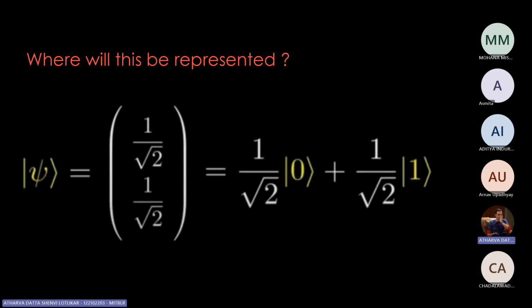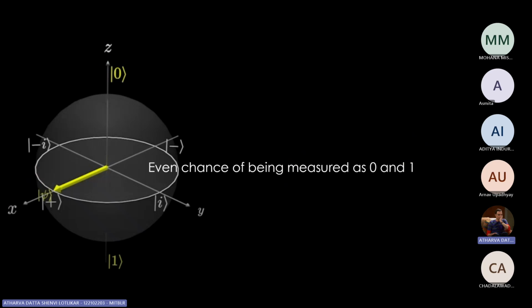Because here your alpha and beta values are 1 over root 2, once you square it, you get one half. So the probabilities are the same. So you can represent it anywhere on, in this case, the XZ plane. It can be here as well, it can be in the center, in the middle, but anywhere on the XZ plane because you have the equal probability of measuring here.